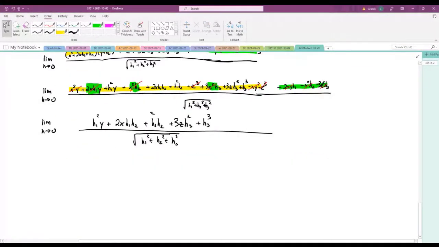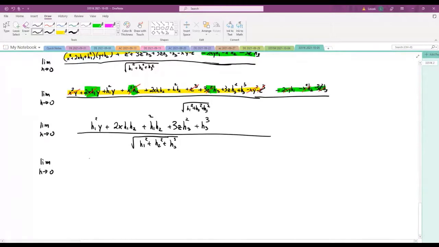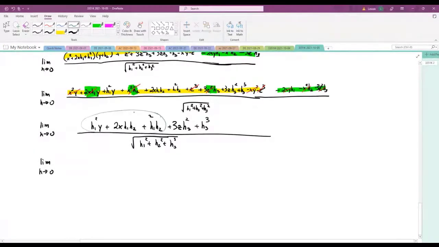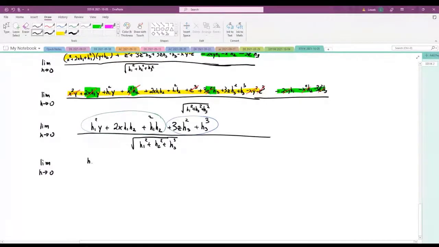So now we can actually look at it term by term. Well, I could be more efficient here, so I'm actually not going to do it term by term, but notice that these three terms all have a factor of h1. The last two terms here have a factor of h3. And there's more than one way to do this.